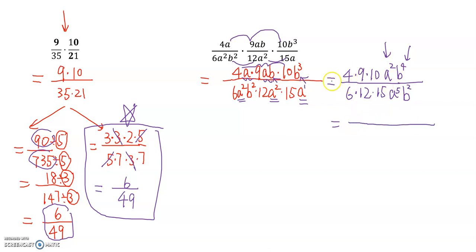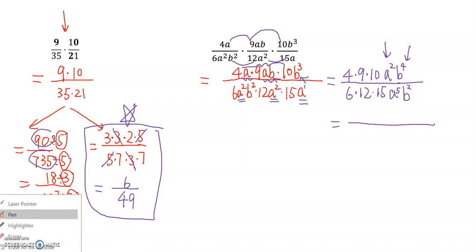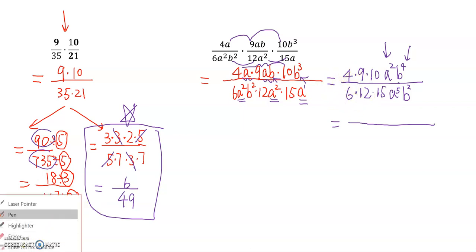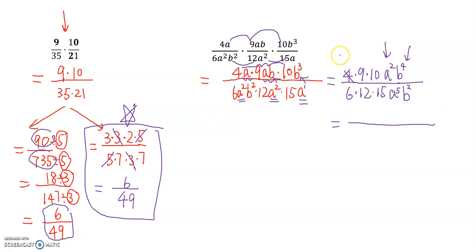For numbers, we can reduce them as we did before. So what we can do is we see that 4 and 6, or 4 and 12. Either way, if you want to reduce 4 and 12, 4 goes into 12 3 times.